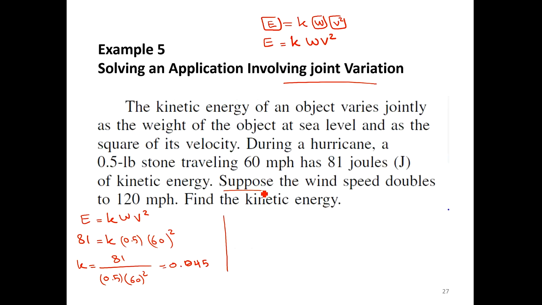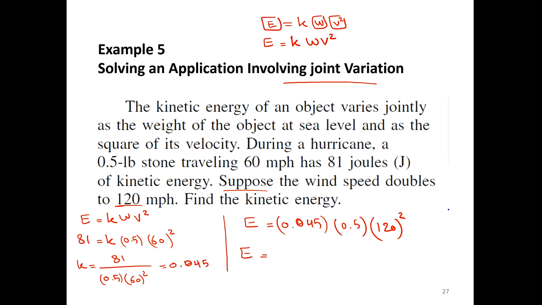Now, suppose that the wind speed doubles from 60 to 120. Find the kinetic energy. The energy equals K, 0.045, and the weight, the same weight, 0.5 for the stone, but the velocity equals 120 squared.